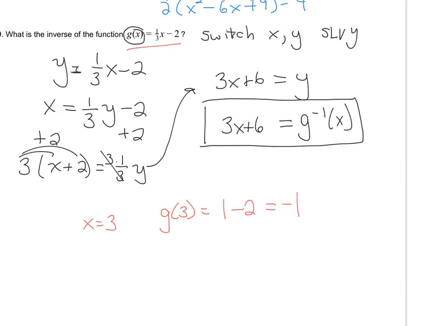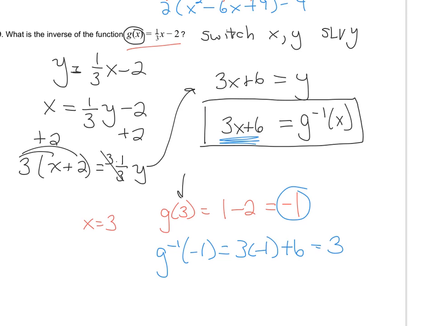Now if I take that negative 1 and put it into g inverse, 3 times negative 1 plus 6 is going to be 3. So you'll see, we start with a 3, we get some number, we put that number in here, and we end up right back at 3. That was kind of the formal definition of an inverse.